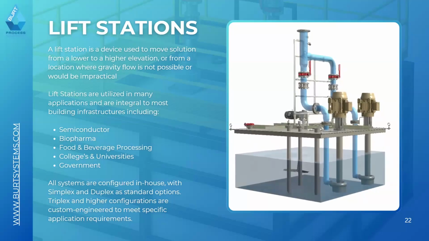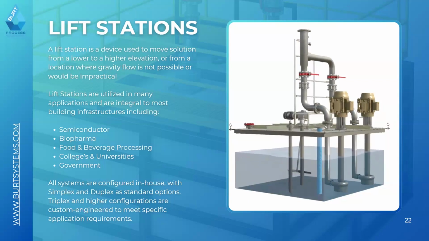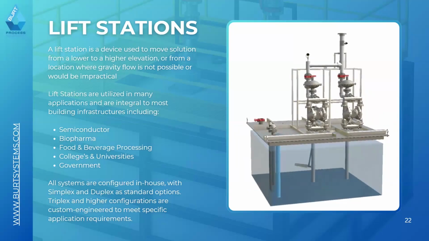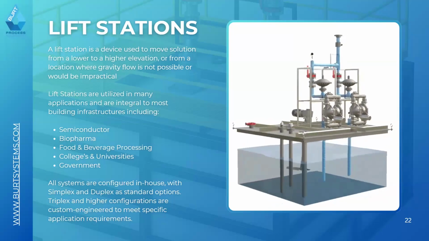Not all waste systems inherently need to have that, but how do you really get the waste there, obviously? Fluid or waste handling is a subset that can entail things like lift stations, which we're looking at here, which is how I bring all these different processes from my facility to a wastewater treatment system.